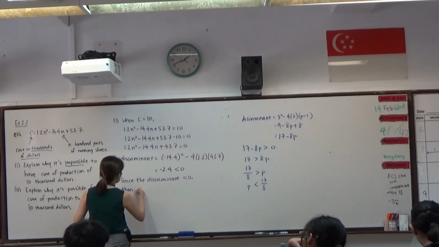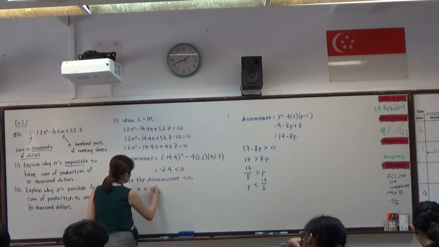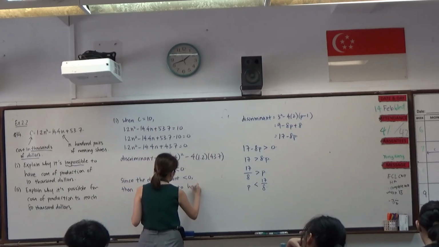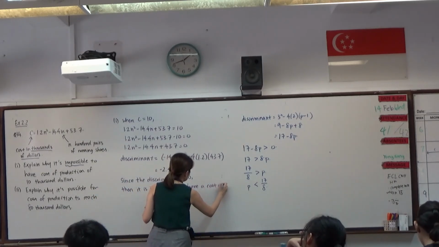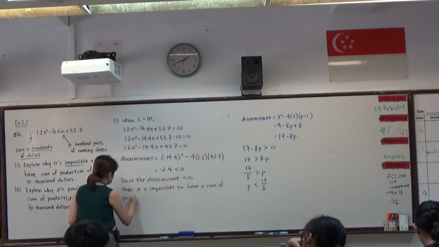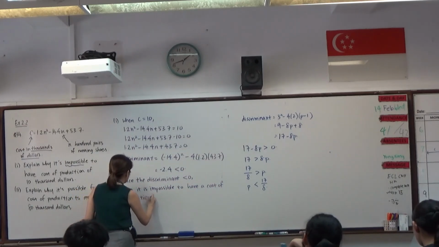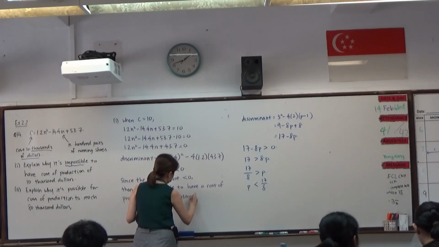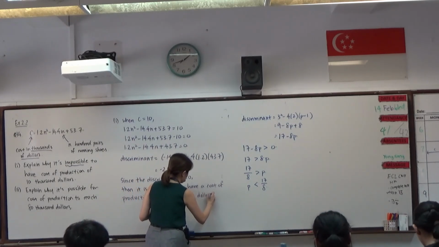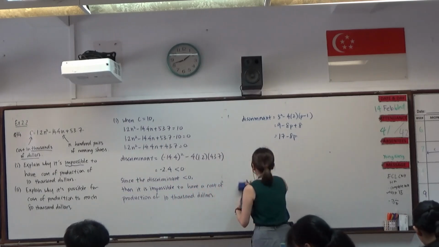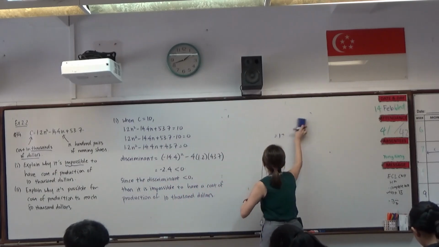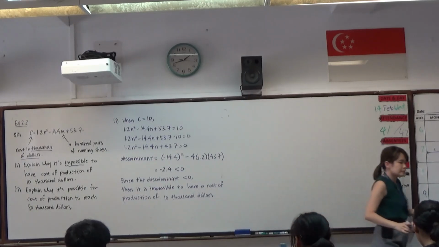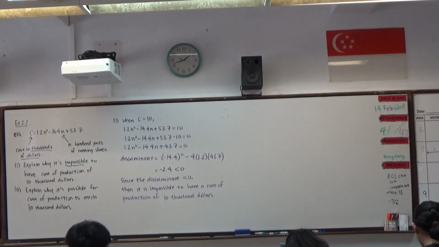Then therefore, it is impossible to have a cost of production of $10,000. So that will be how we explain it.